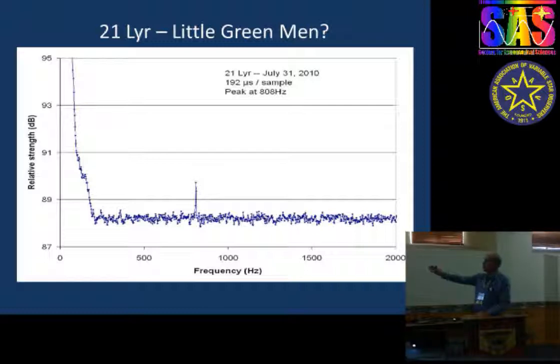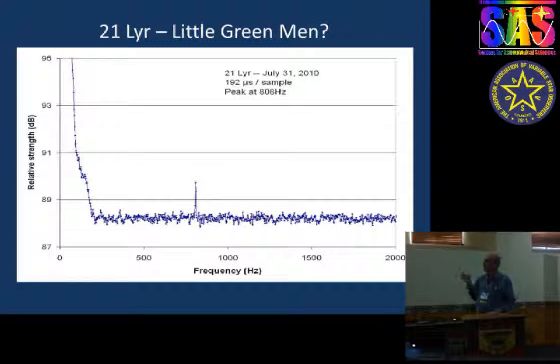So this is a frequency plot out to 2 kilohertz, and again the atmosphere comes roaring down here at low frequencies, and you can see it's just gone by 200 hertz. There's no trace of it the rest of the way out. And then of course I have my little green bump here, and that was a surprise the first time I saw it, because I didn't put a little green bump in there.